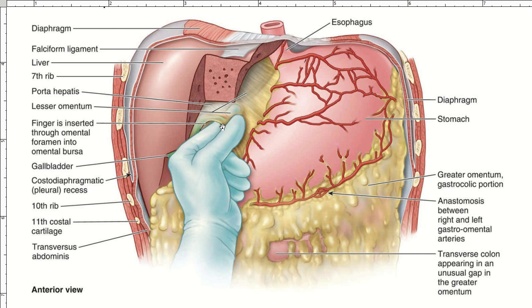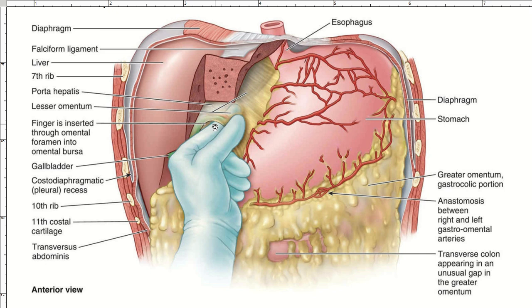How you can find it, you can place your finger at the lower free edge of your lesser omentum. It can actually accommodate two fingers. That's the volume of this space.